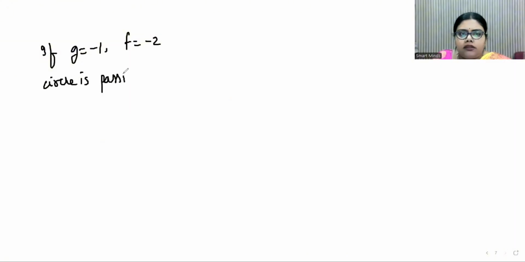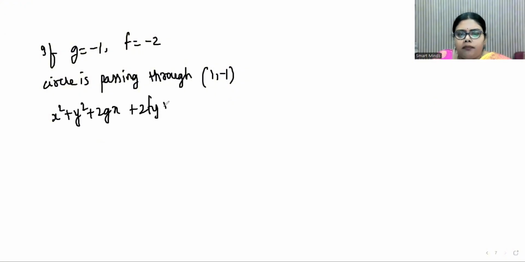the circle is passing through 1 comma minus 1. So x square plus y square plus 2gx plus 2fy plus c is equal to 0. So 1 plus 1 plus 2g minus 2f plus c is equal to 0.